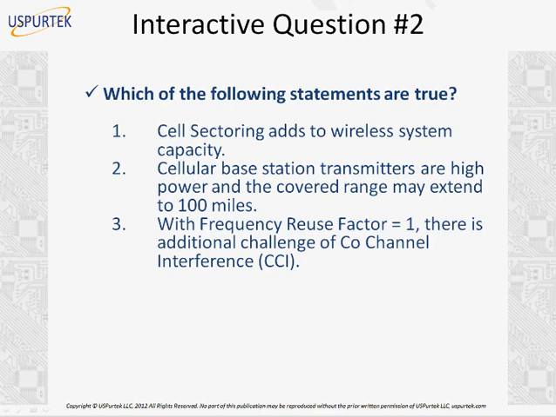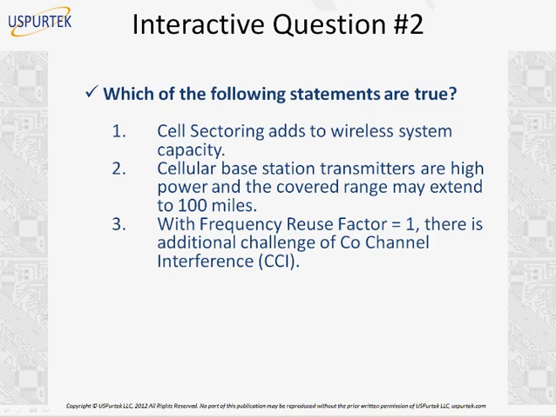Okay, somebody asked a question, why 3? Let me go back to the slide. So why 3? Because if we have a frequency reuse factor of 1, that means we are keeping n equal to 1. That means there is an additional challenge of co-channel interference.